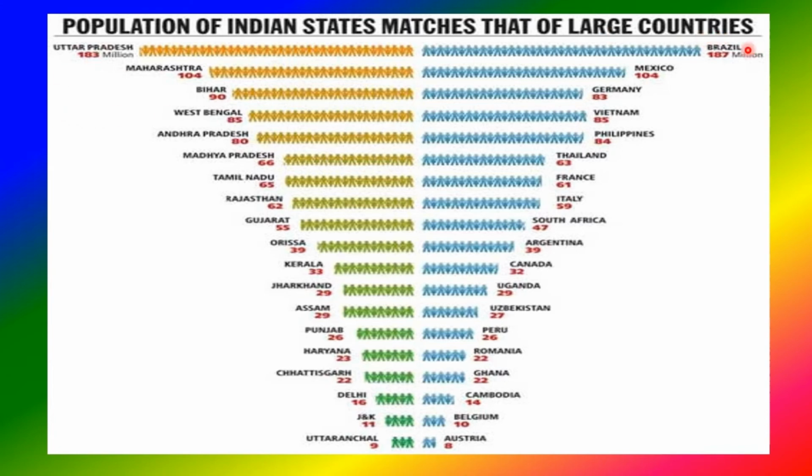Uttar Pradesh is just like Brazil in population, Maharashtra, Mexico, Bihar, Germany, West Bengal, Vietnam, Andhra Pradesh, Philippines, Madhya Pradesh, Thailand, Tamil Nadu, France, Rajasthan, Italy, Gujarat, South Africa, Orissa, Argentina, Kerala, Canada, Jharkhand, Uganda, Assam, Uzbekistan, Punjab, Peru, and so on.